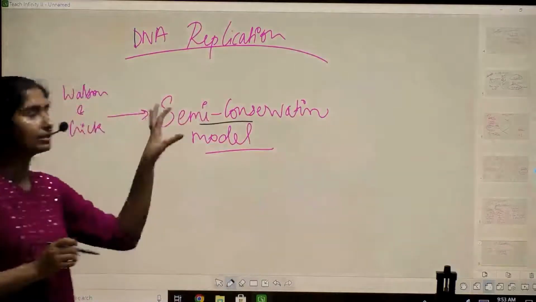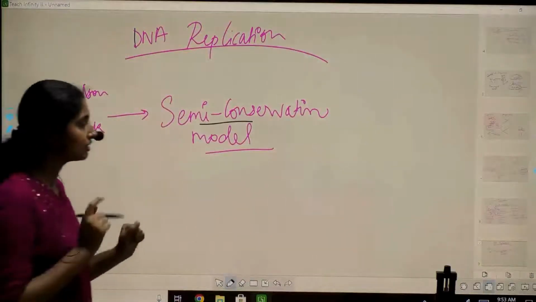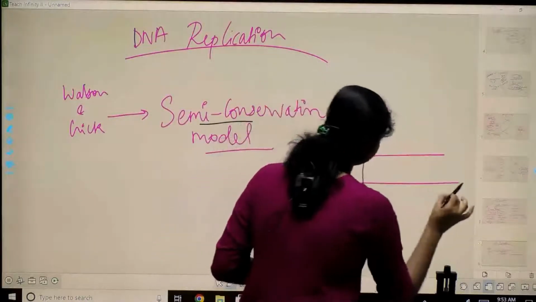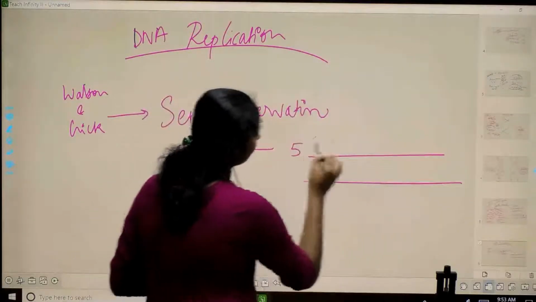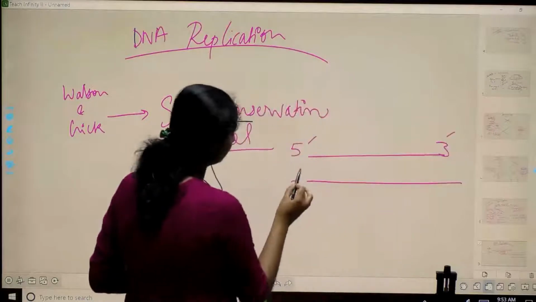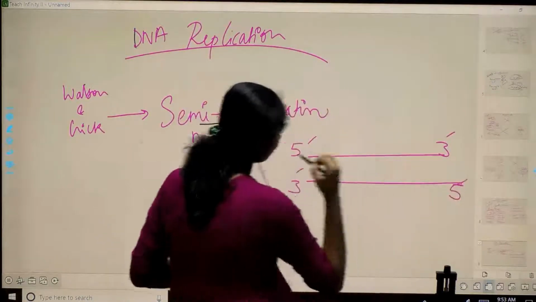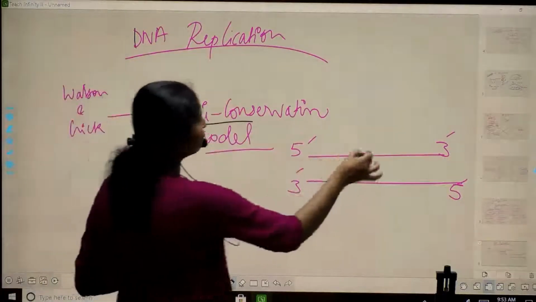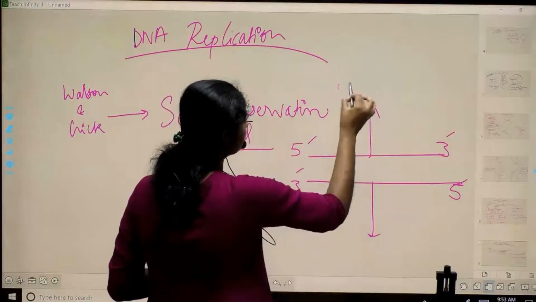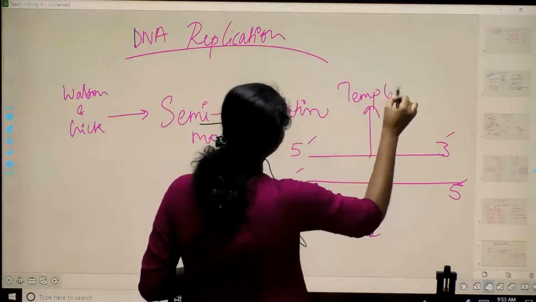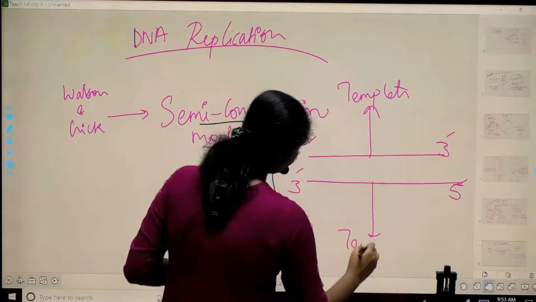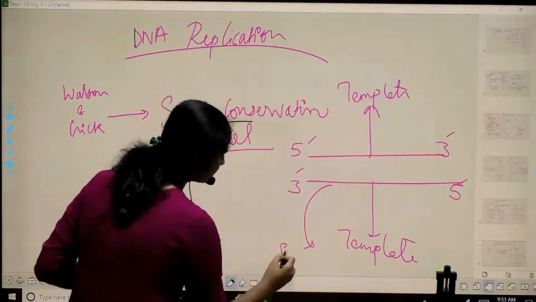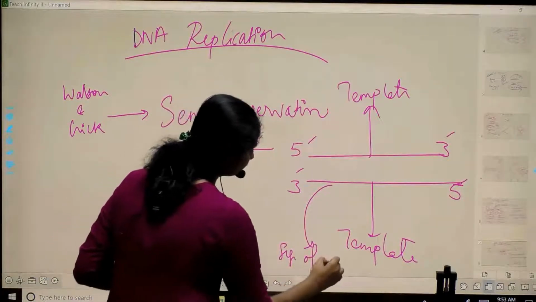Now, what does the semi-conservative model of replication say? That because we have two strands of DNA which are antiparallel to each other, when this particular DNA has to replicate, each strand is going to act as the template and will help in synthesis of a daughter strand.